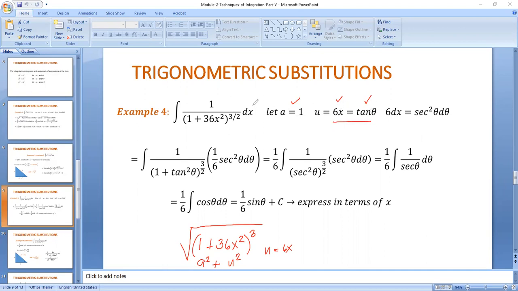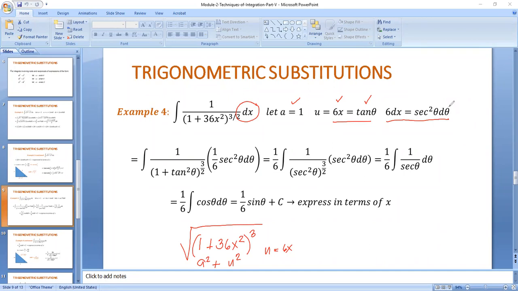That way, the dx in the original integral will be changed to d theta. So you differentiate this one, it's 6 dx, and you differentiate the tangent of theta, that's secant squared of theta d theta. Okay? So this will be your substitution equation. So these are the expressions you will get.